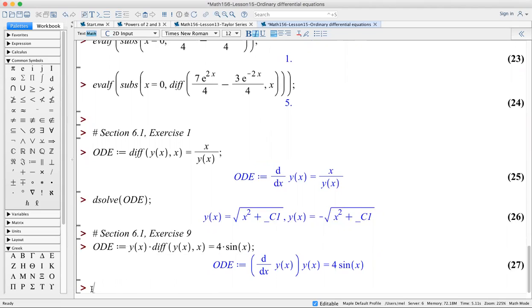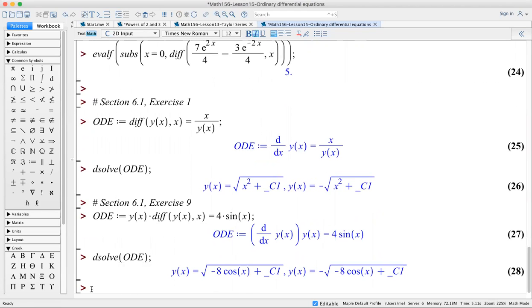Y times dy dx equals 4 sine x. If we dsolve the equation, that's the solution. Again, there are two solutions. It's plus the square root of minus 8 cosine x plus a constant, or minus the square root of minus 8 cosine x plus a constant.